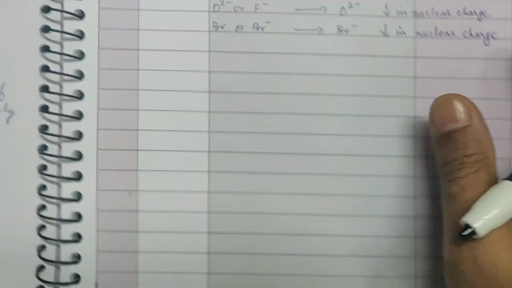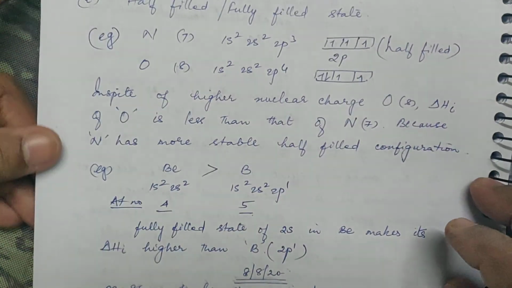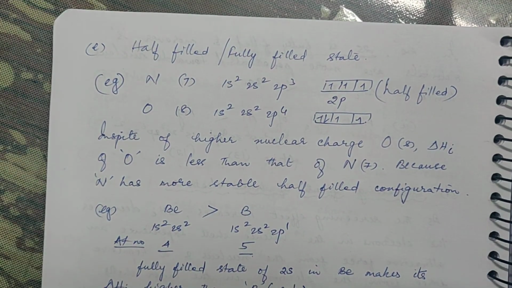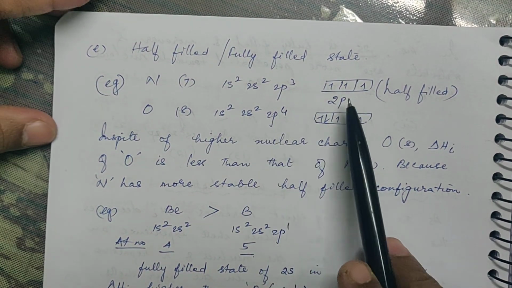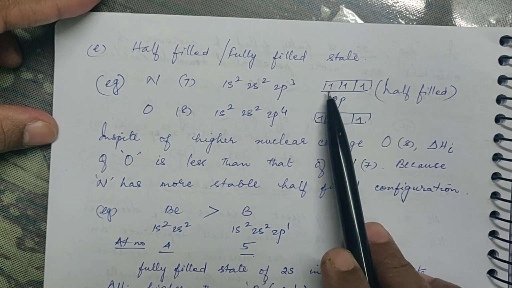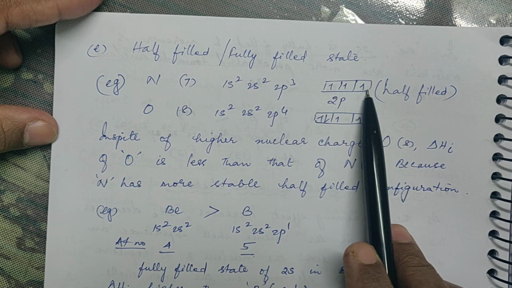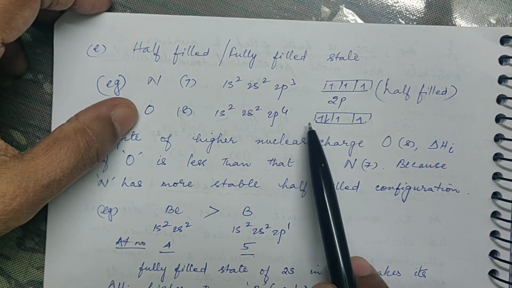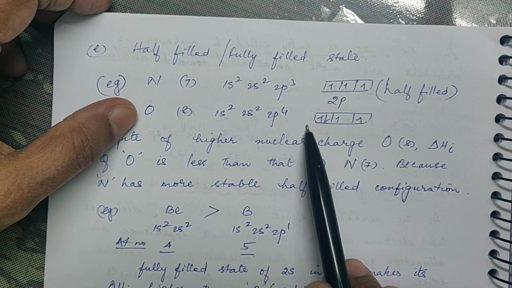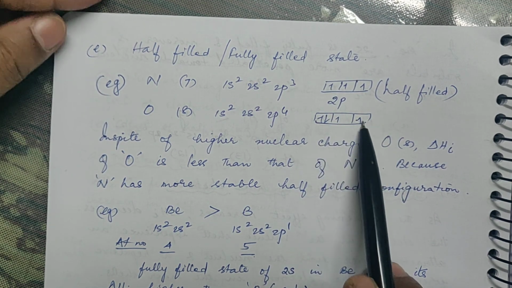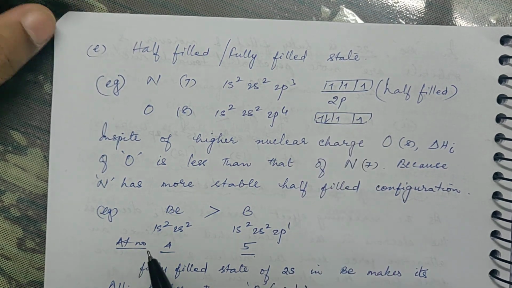And the last one is half filled and fully filled orbitals. Now in the case of nitrogen you have 2p3, which is 1 electron in each p, that is half filled, whereas in the case of oxygen, out of the 3 p orbitals, 1 orbital is fully filled and then the rest 2 have 1 each.